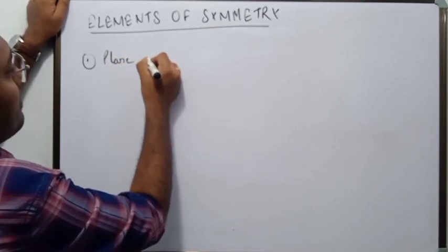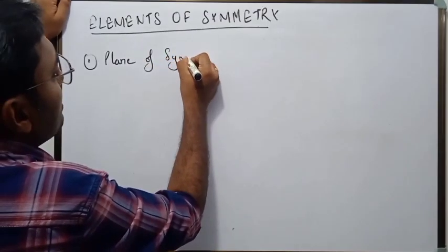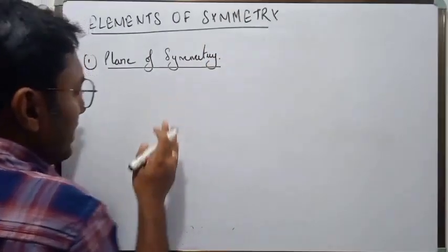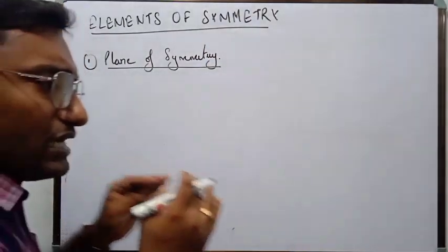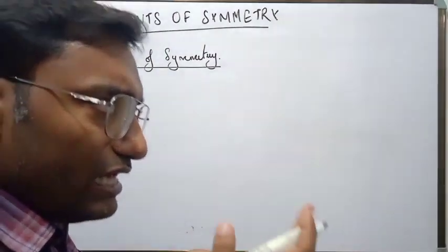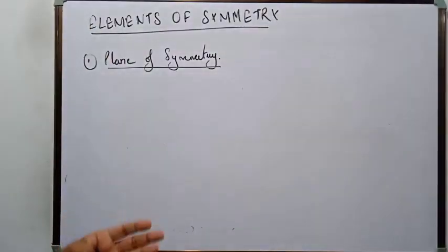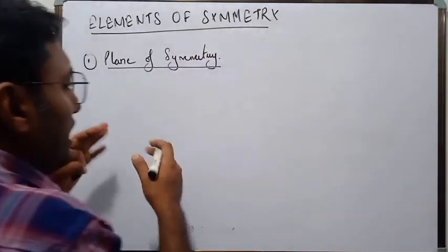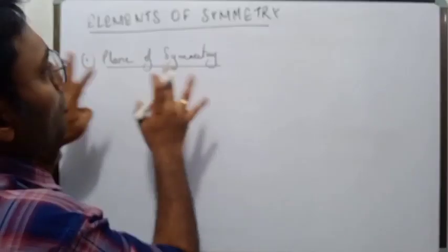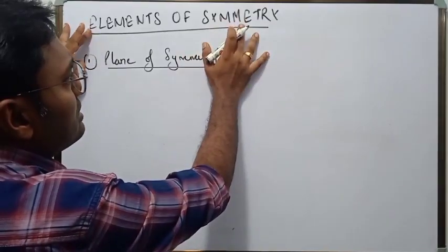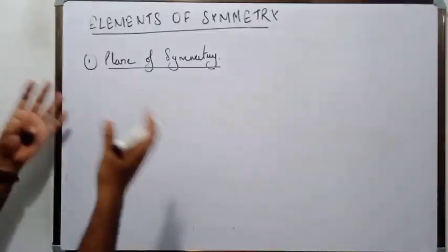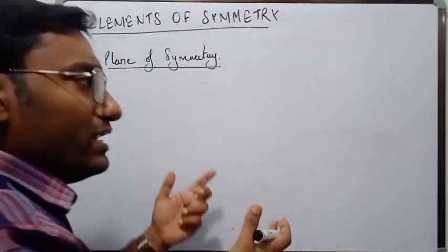We will see whether these planes of symmetry or center of symmetry can divide the molecule into two equal halves, and use them to know whether our molecule in hand is achiral or chiral.